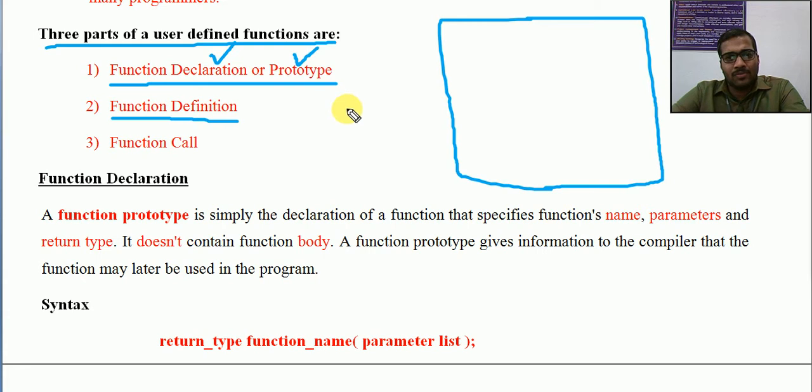First we declare, like we declare int x, and later we use it, for example x = 1 + 1. Similarly, we declare the function first, then we define it.